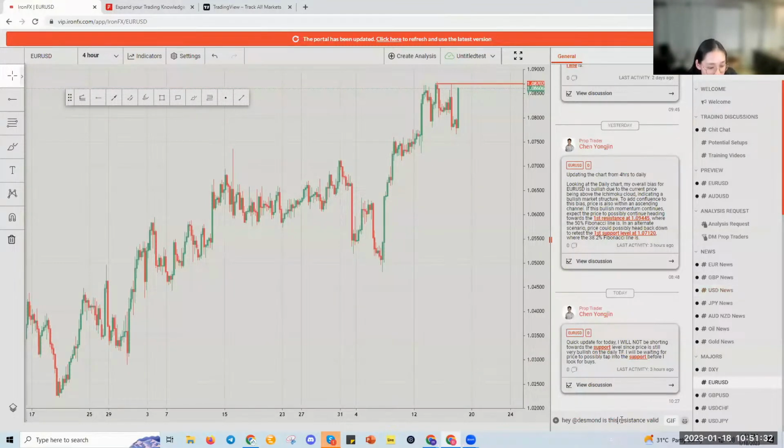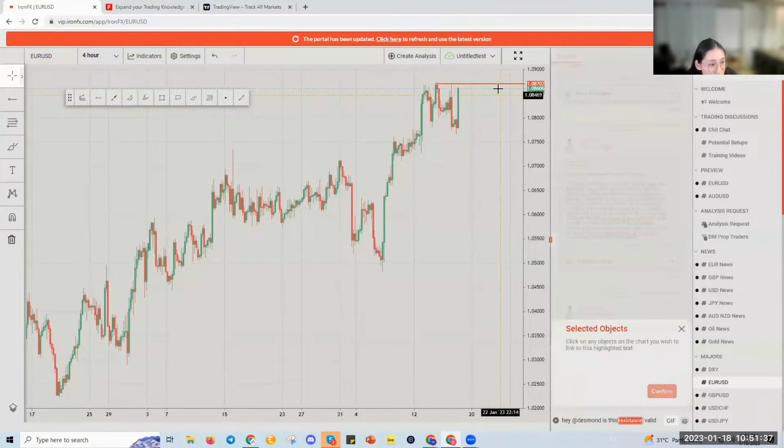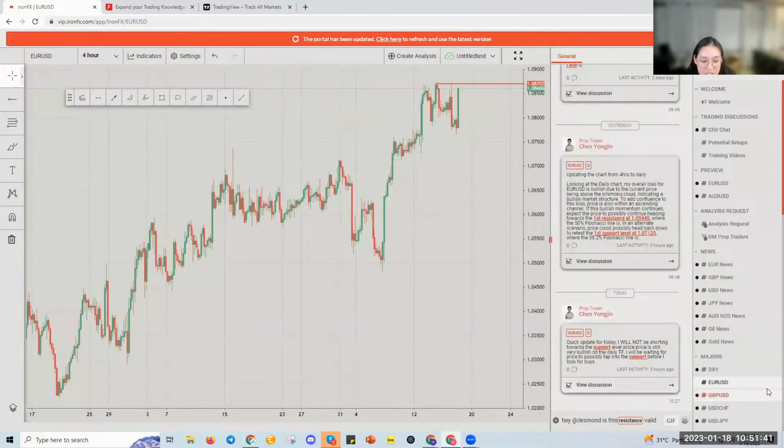And then you can highlight the resistance, link object to text, and then click on this. Then you can just send it in. We try to reply as soon as possible. I think within 24 hours, you should get an answer. It works for Fibonacci as well.